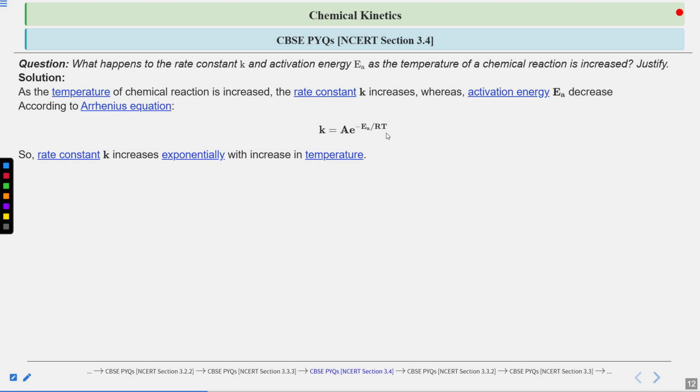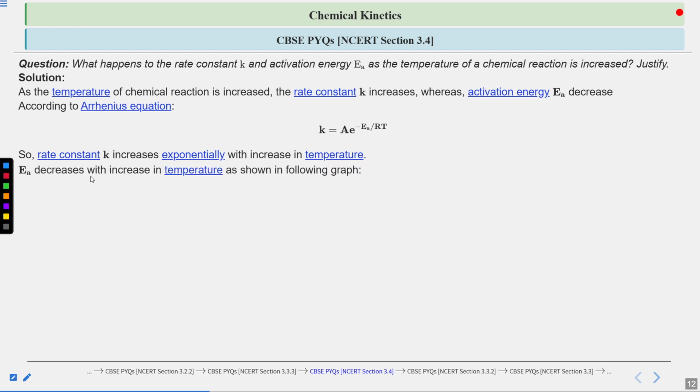The temperature is in the denominator, so if you increase it, this whole fraction decreases, meaning the negative power of the exponential factor decreases. That means the overall value of the rate constant will increase. That's how k increases exponentially with the increase in temperature.